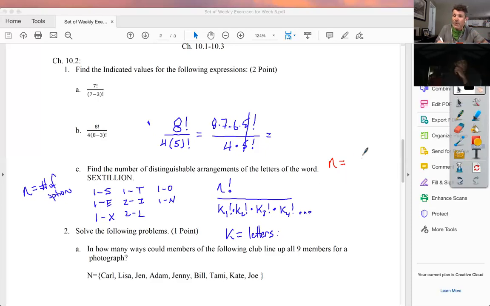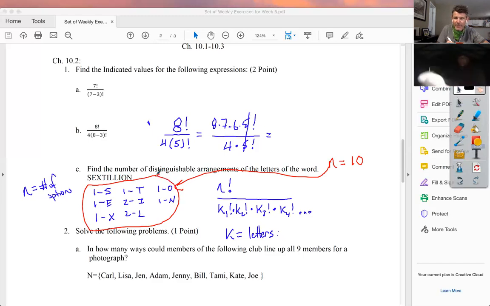So we have a total of 10 different things in our sample space. You might make an arrow to remind you where the 10 came from. K and N are two different things. They come from the same thing, but they represent two different situations. When we plug into our formula, we would have 10 factorial.